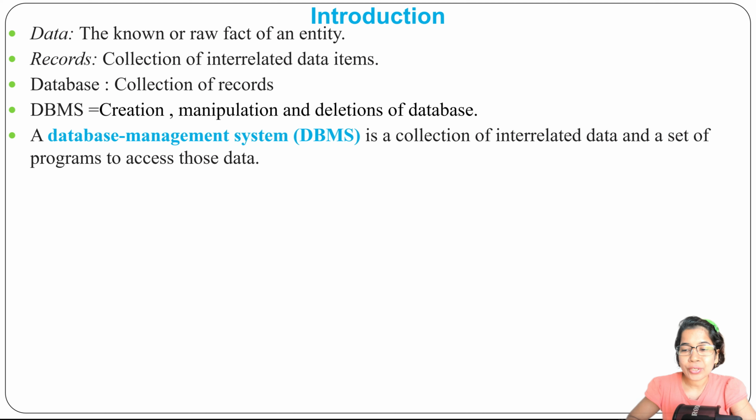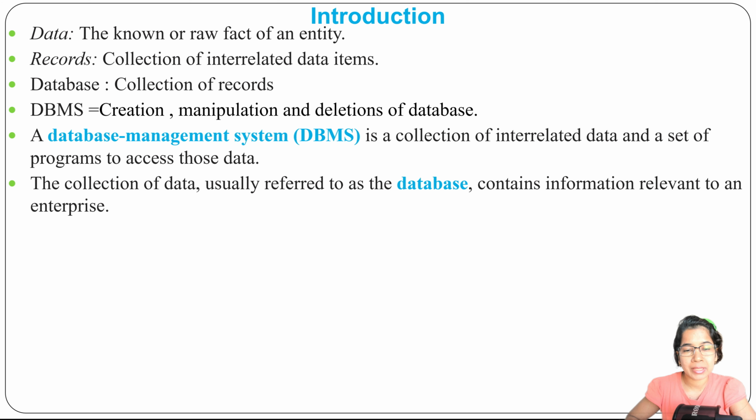Now definition of DBMS. DBMS is a collection of interrelated data and a set of programs to access those data. Interrelated data means it's about database, and how can access the database, it's all about DBMS. The collection of data referred as database contains some information relevant to an enterprise.